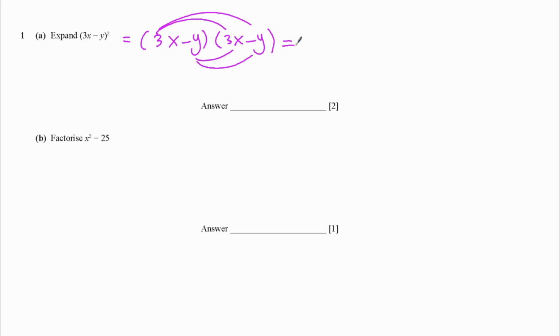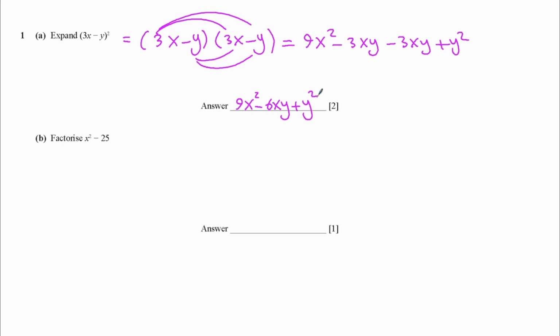So in here we will get 9x squared minus 3xy minus again 3xy plus y squared. And if we simplify, the final answer would be 9x squared minus 6xy plus y squared.